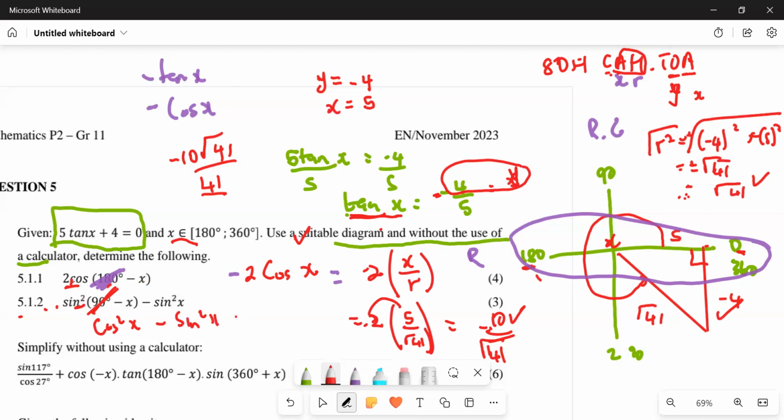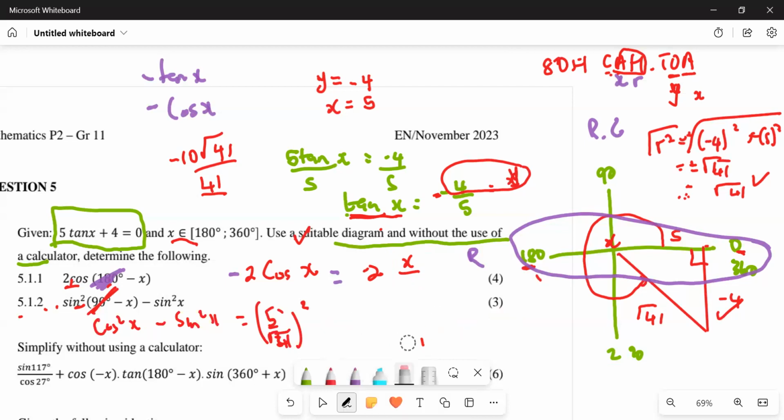And then from there onwards, you know what is cos. By now you already know what is cos. Cos it's 5 root 41, all squared. Minus, we know what is sine. We don't know what is sine, but we can get sine. What is sine?